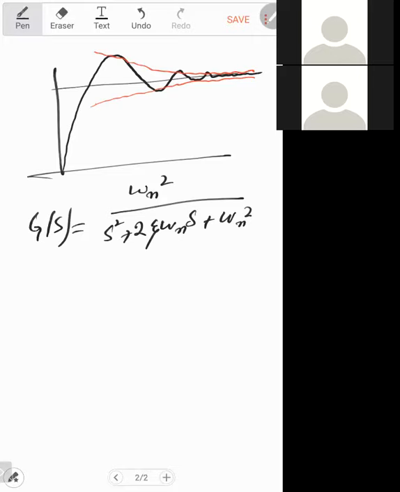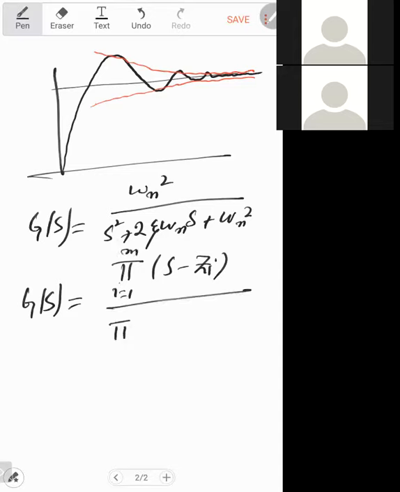We already know that we can write this in terms of the roots. So if we write this in terms of the roots, then we have the zeros. Remember that we already discussed this, the product from 1 to m, divided by the denominator polynomial, which can also be described in terms of the poles, s minus p i.